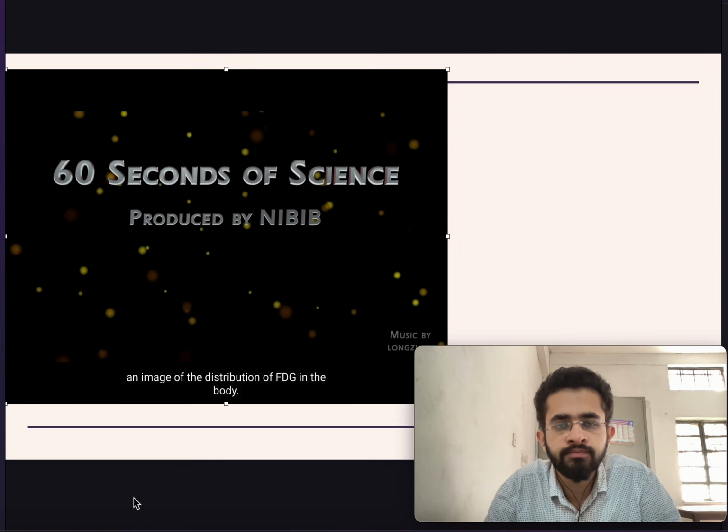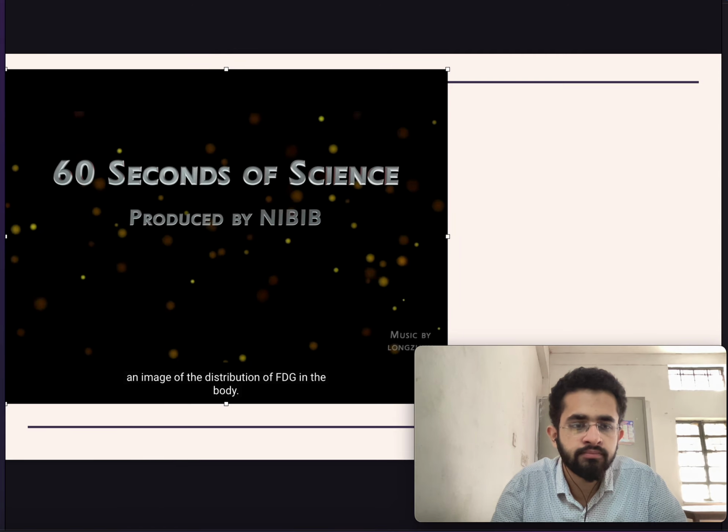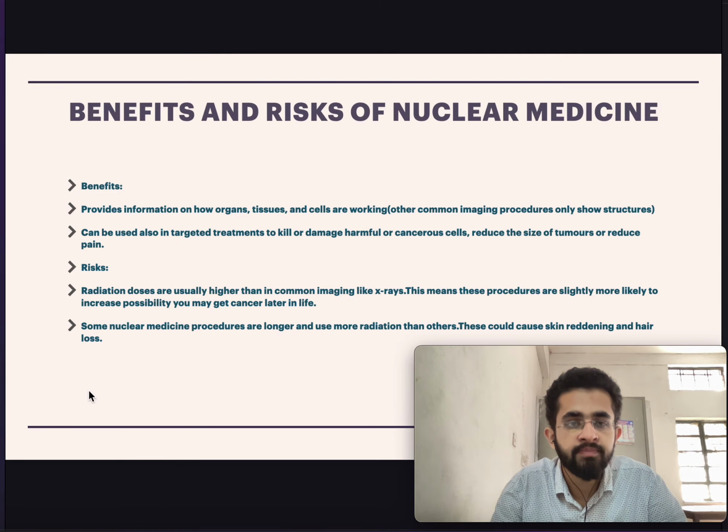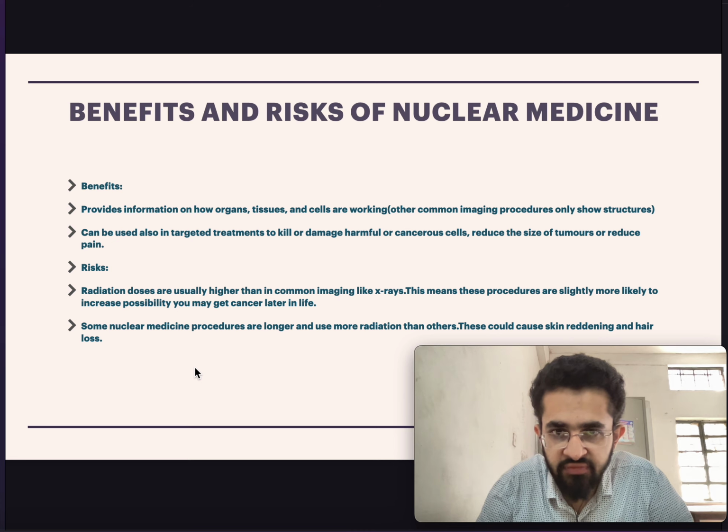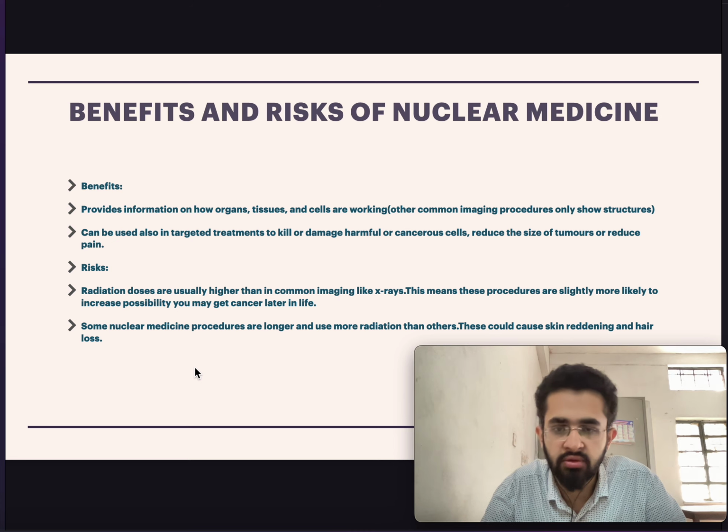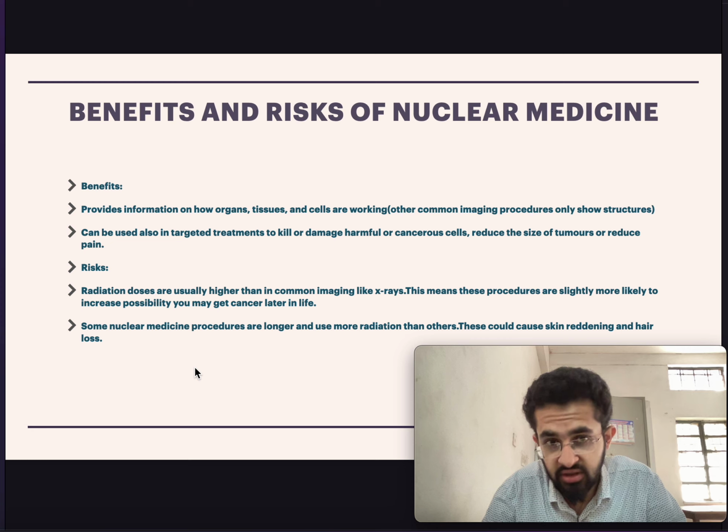So, benefits and risks of nuclear medicine. If there are benefits, there are going to be some risks, so let's study what the benefits and risks are. Benefits: it provides information on how organs, tissues, and cells are working. Other common imaging procedures only show structures, whereas this shows how the organs, tissues, and cells are working.